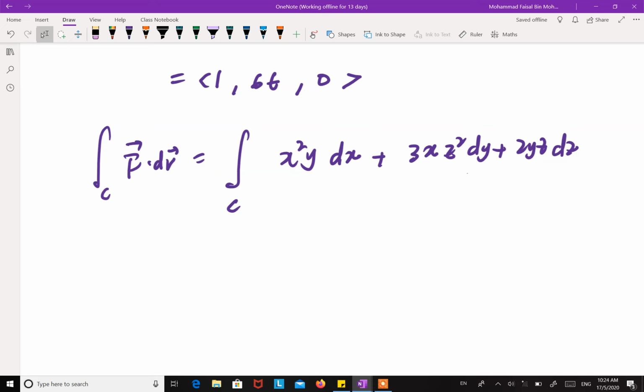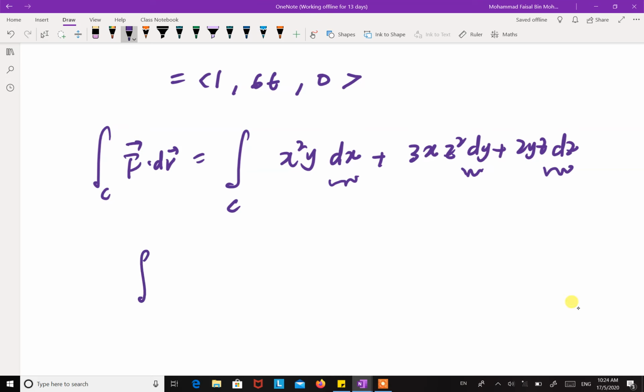Then your dx dt will be 1, dy dt will be 6t, dz dt will be 0.